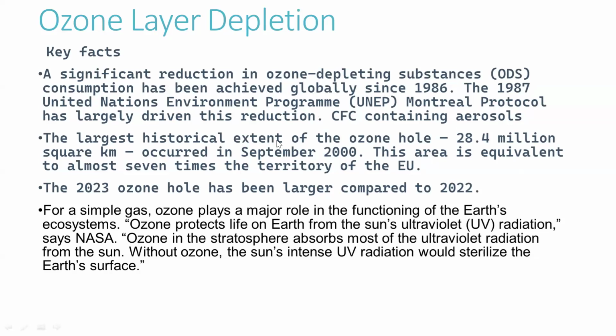The largest historical extent of the ozone hole was 2.84 million square kilometers, in September 2000. This area is equivalent to almost 7 times the territory of the European Union countries. The 2023 ozone hole has been larger compared to 2022. That is also a bit of a concern.